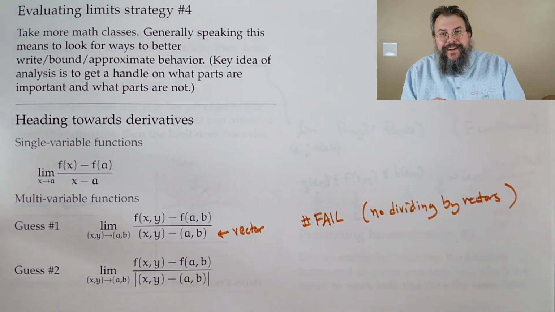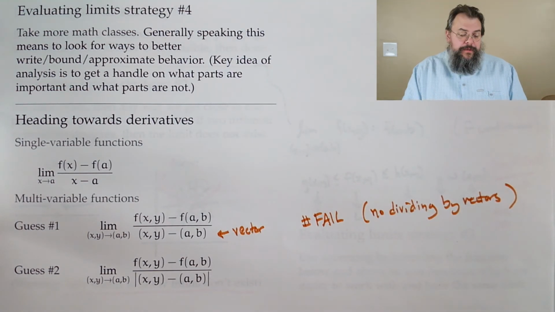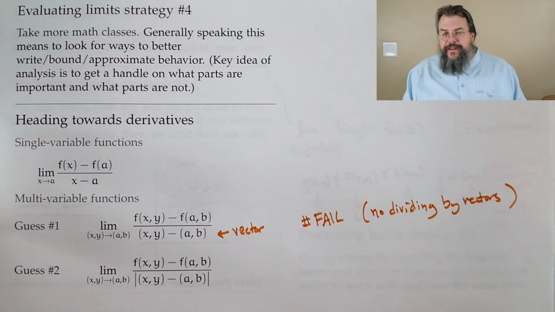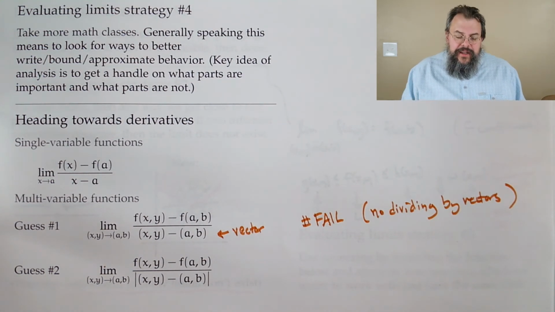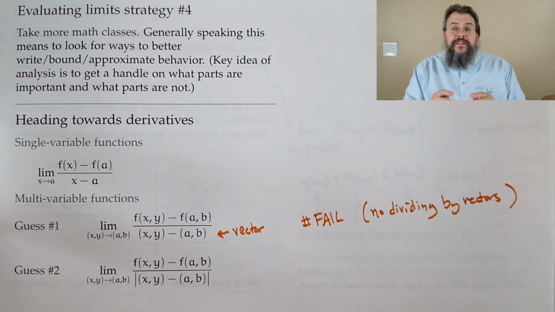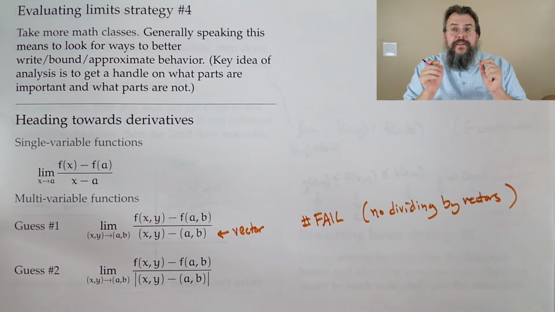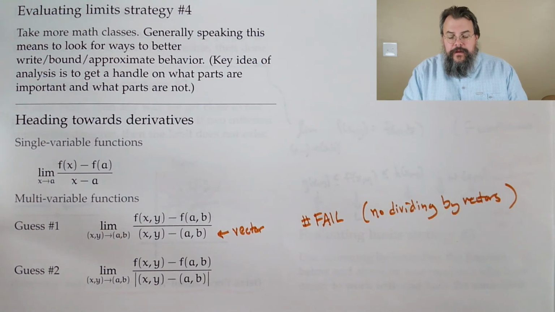You're like, okay, all right, good. Fine. No problem. Easy fix. The thing is that we're dividing by a vector. Let's divide by a number. So instead of taking the difference between 2 points, we'll just take the distance between 2 points. So the difference being the vector, the distance being how far apart are they?